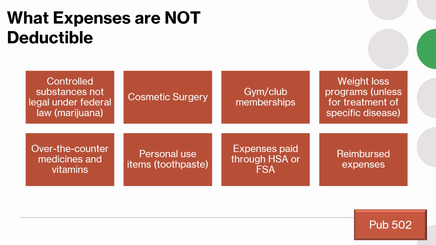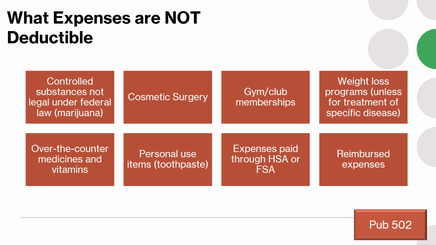Gym and club memberships are not deductible, and weight loss programs unless it's for the treatment of a specific disease. So if the doctor diagnosed a specific disease and essentially prescribed a weight loss program to an individual, it could be deductible. But generally speaking, if it's for general health, or if it's for appearance purposes, it's not deductible.